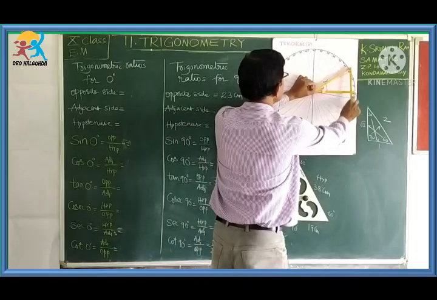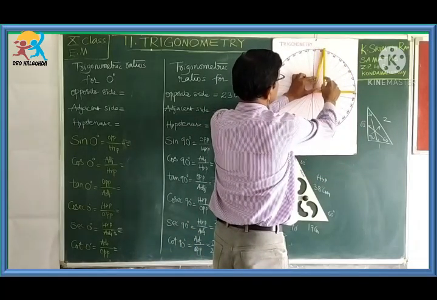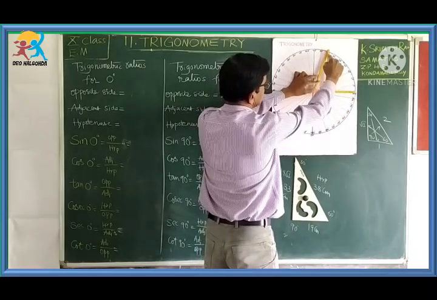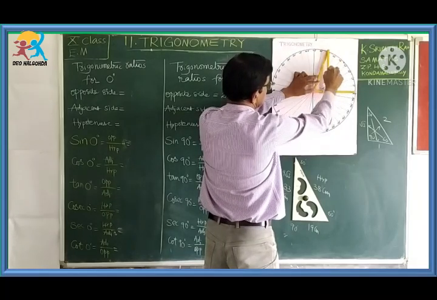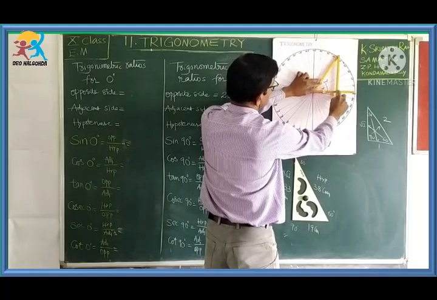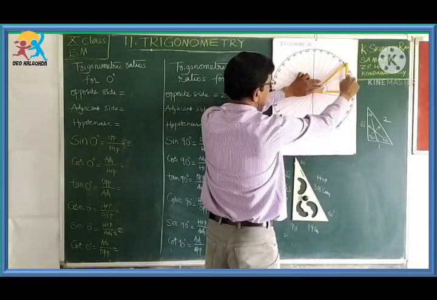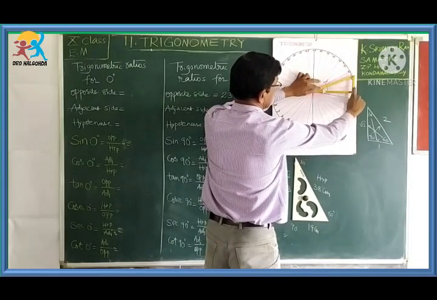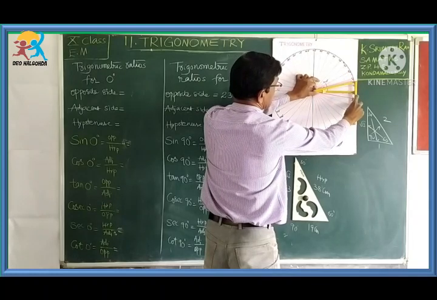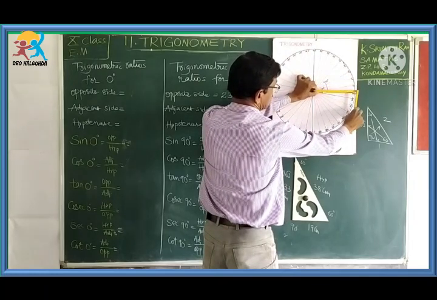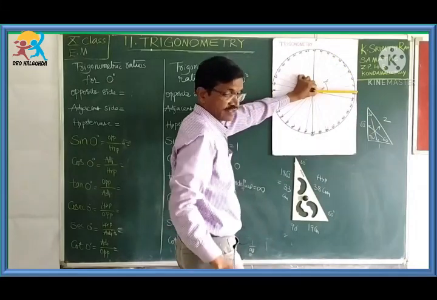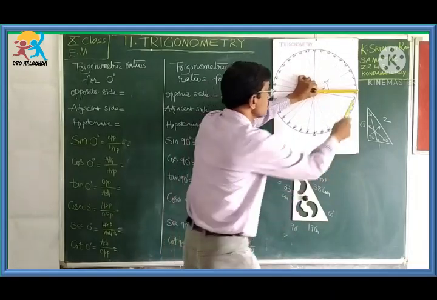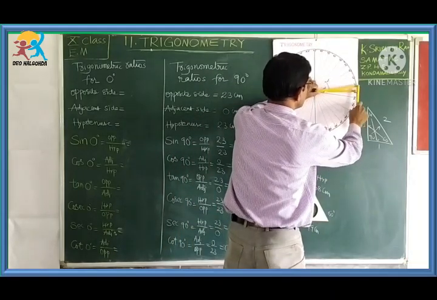If the angle is decreased, 80, 70, 60, 50, 40, 30 like this, the opposite side decreases and the adjacent side increases. See here, the opposite side decreases and the adjacent side increases. If I still reduce the angle like this, then at 0 degrees there is no opposite side.